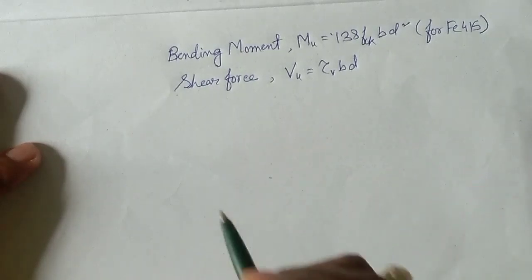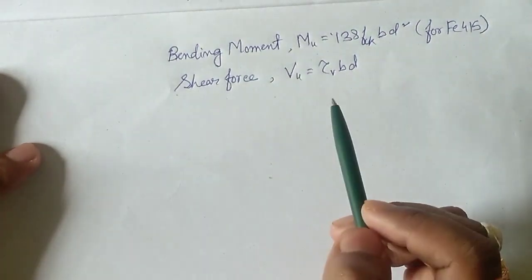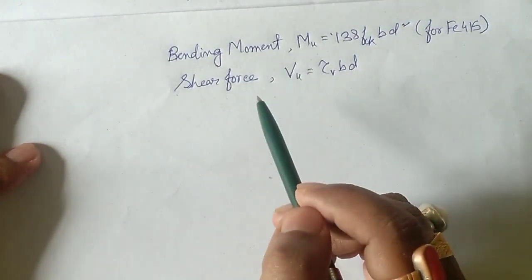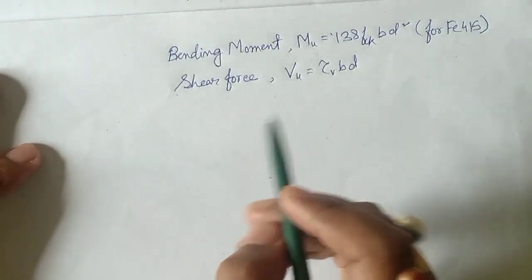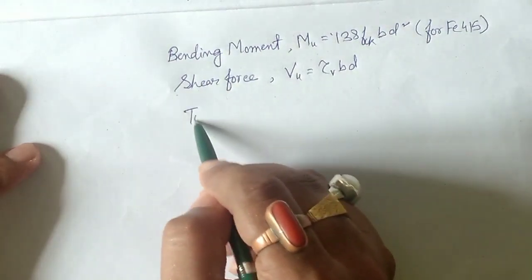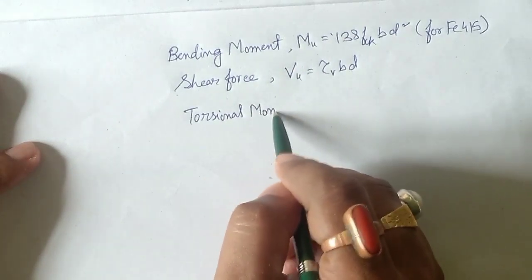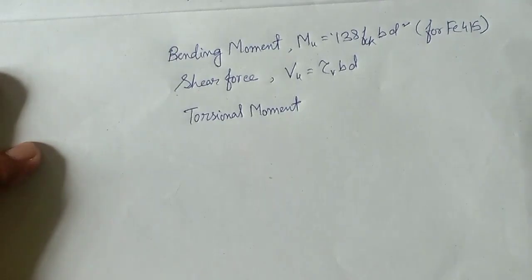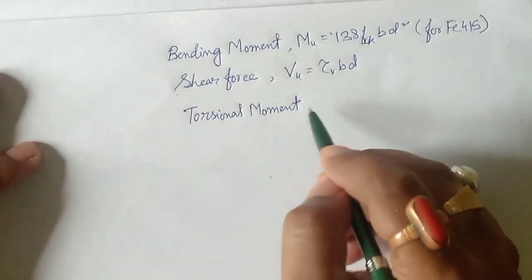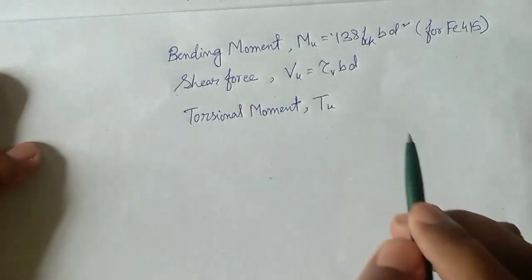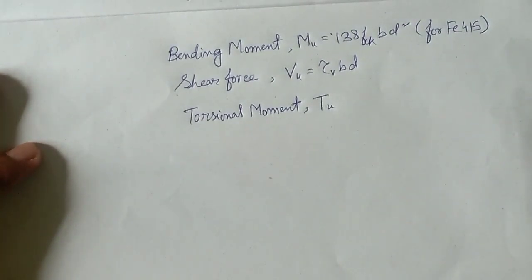In the design for torsion, apart from these two parameters, you have to add another parameter, that is torsional moment. When we talk about this torsional moment, we cannot use this parameter directly like bending moment and shear force.